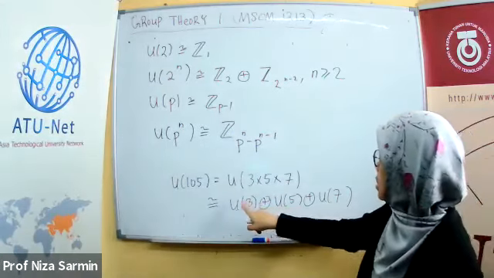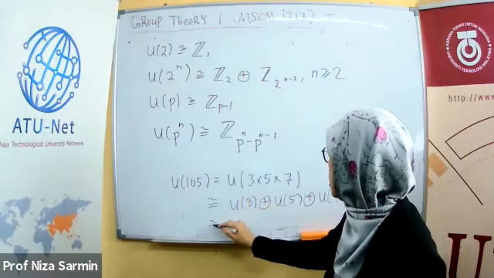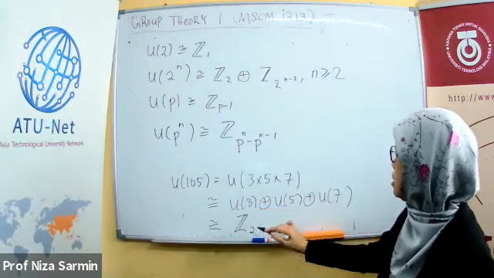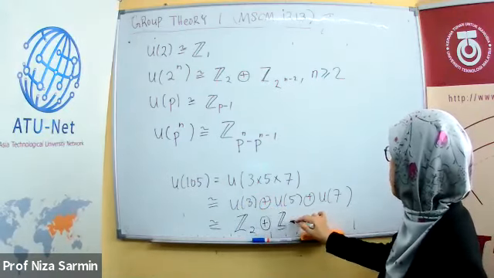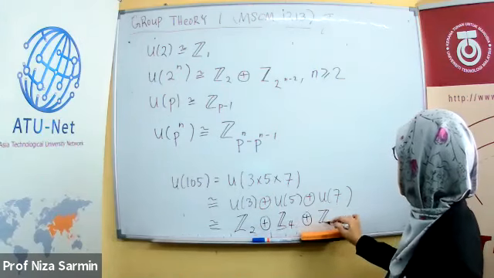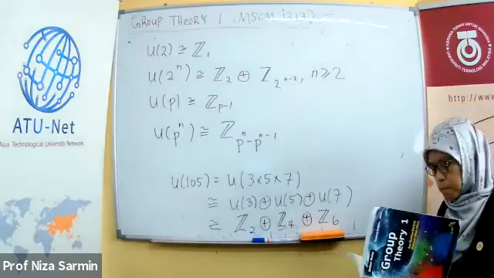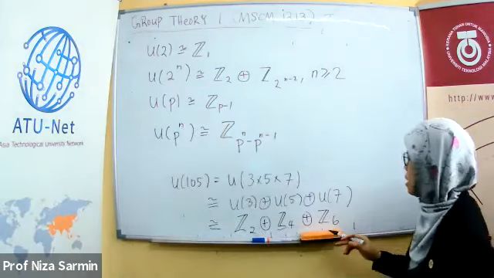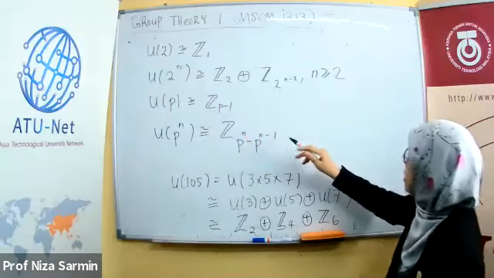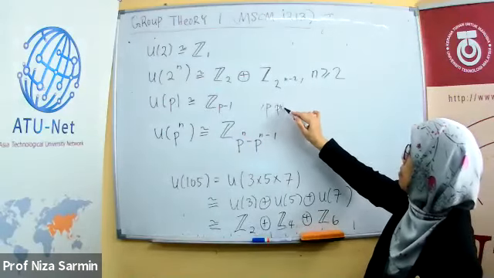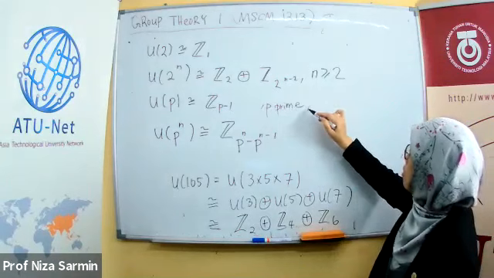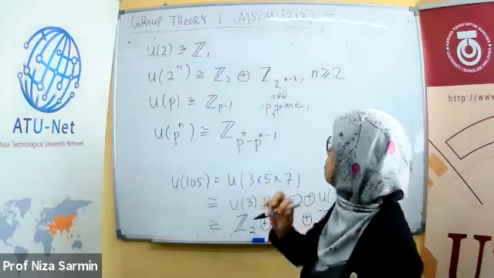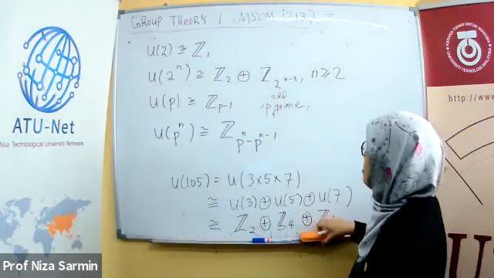So this one, U3, is isomorphic to Z2, p prime, yeah? Plus Z4 plus Z6. Okay? Because if it's p prime, odd prime actually. Because if it's 2, it's different here.